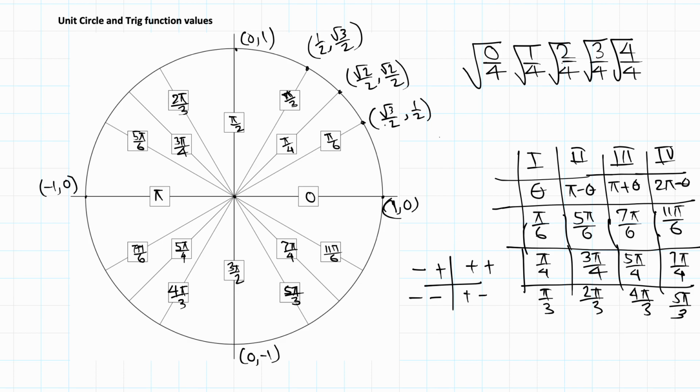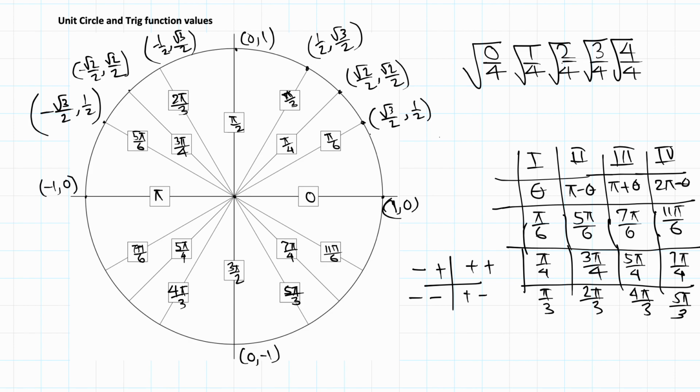So this one will be the same, but we'll be moving to the negative direction and up. So that's negative root 3 over 2, 1/2. For this one here, left means negative and positive. Negative root 2 over 2, root 2 over 2. This one in the same way, negative 1/2, root 3 over 2.